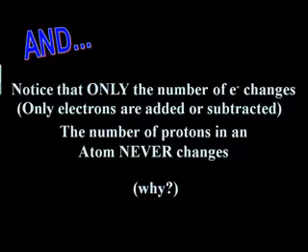Again, remember that we are only moving electrons. In forming ions, we're only changing the number of electrons. We are not changing the number of protons, so whatever element we have still remains that element because the protons are not changing.